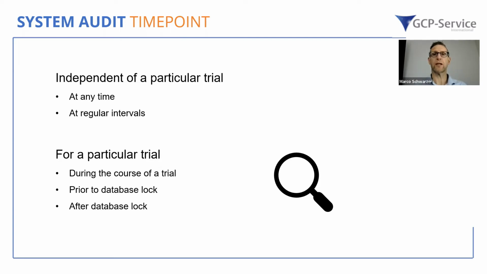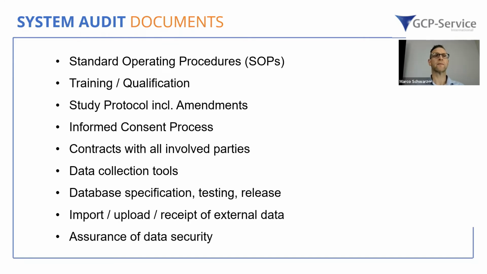So the question is now, what is the auditor looking for? Usually, an auditor is focusing on the standard operating procedures. He is interested in training of the staff, the qualification, and for sure also the study protocol, including the amendments, will be checked.